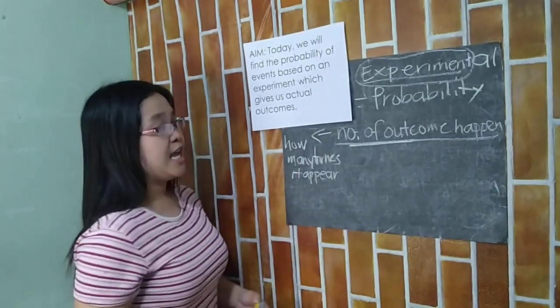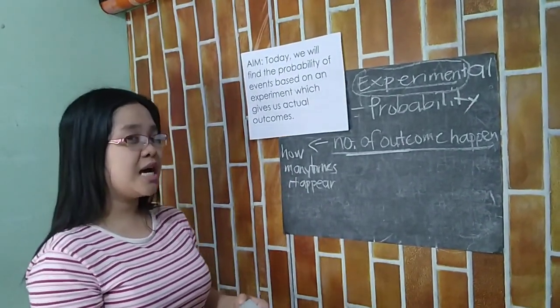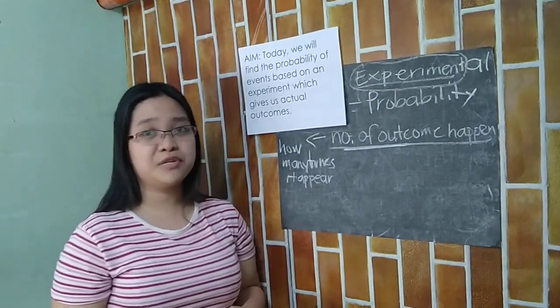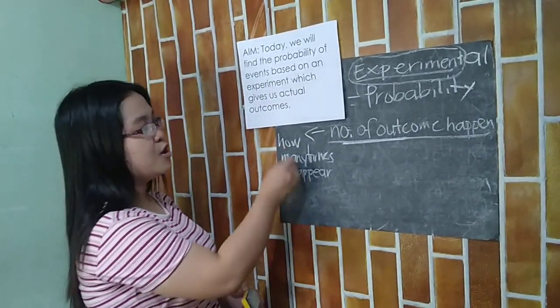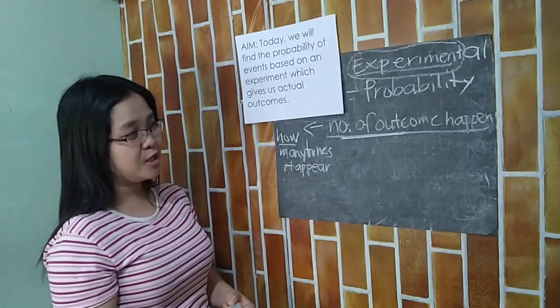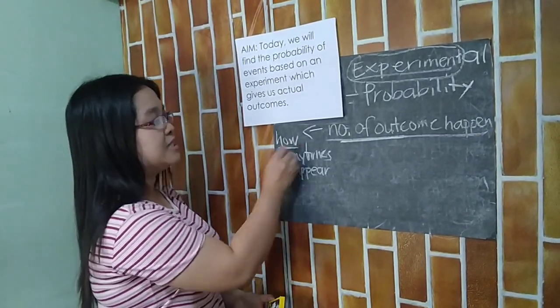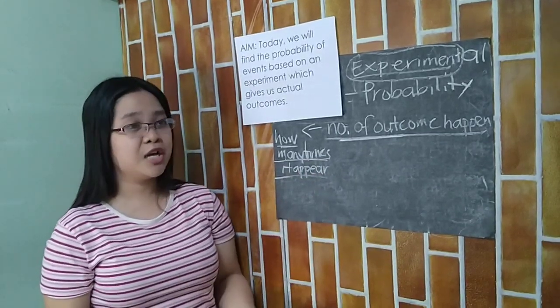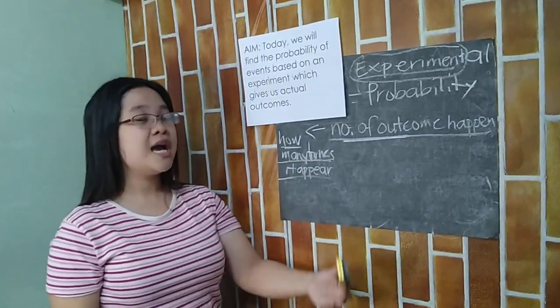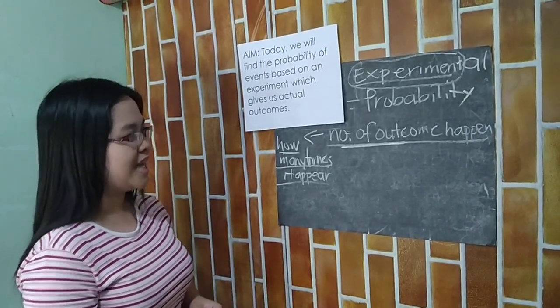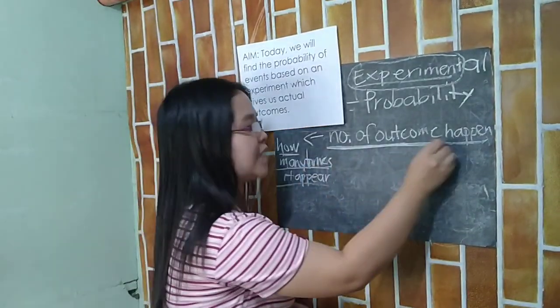That's why if different people conduct the same experiment a while ago, they may arrive at different results. Okay? Because since that's an experiment, we really don't know what will be the real outcome. It just depends on how many times it will appear, depending on the person and the experiment they conducted. Now, how about at the bottom?